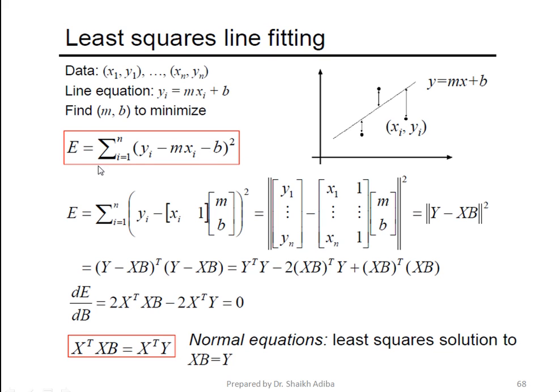Then this can be solved by a system of linear equations, and taking the derivative of this equation we get these values. Normalizing the values, we have this equation, Xb = y. This is given as the least square solution. The objective here is to have the minimum distance.